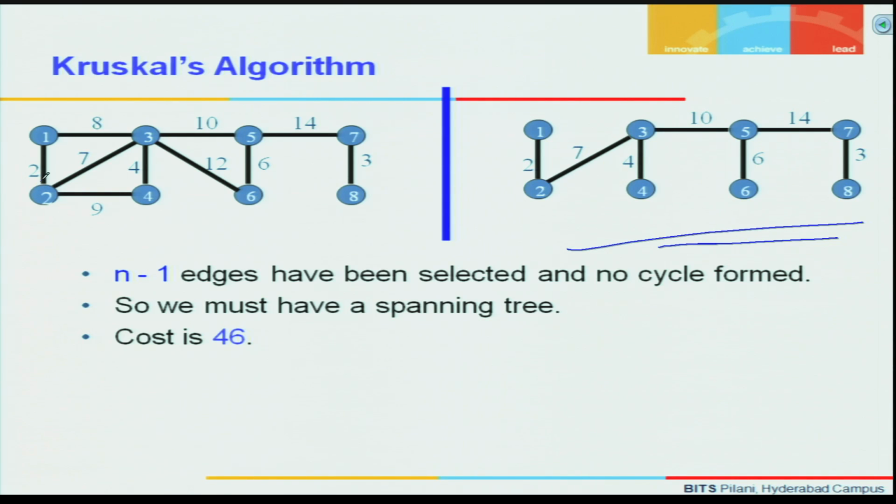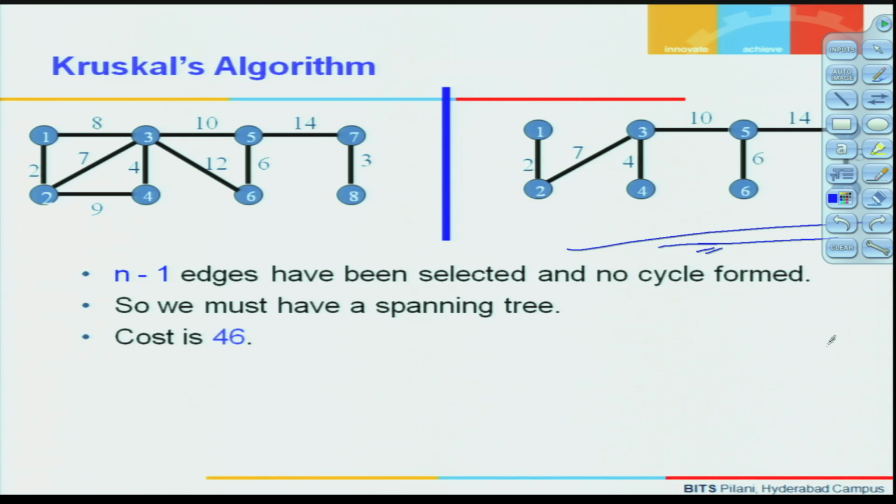Yes, they are unique because none of the weights is being repeated, hence this is going to be the minimum spanning tree of the graph that was given to us. This is Kruskal algorithm.